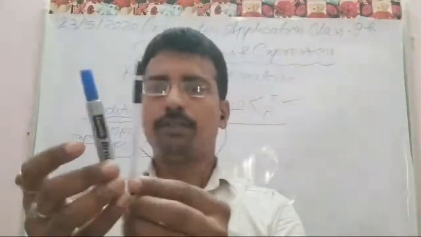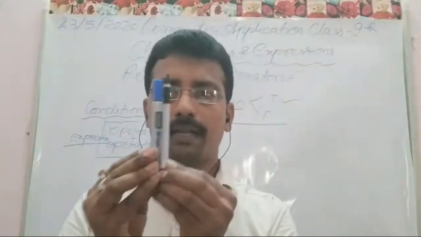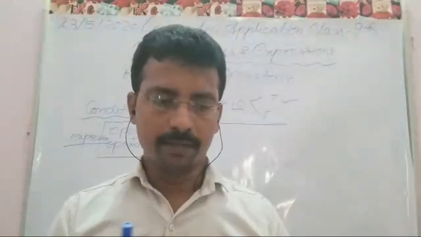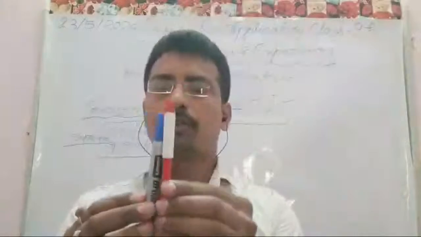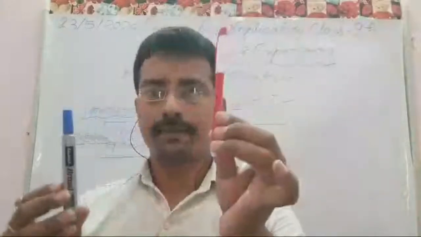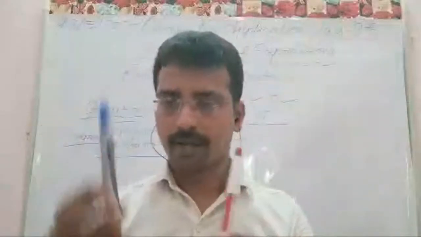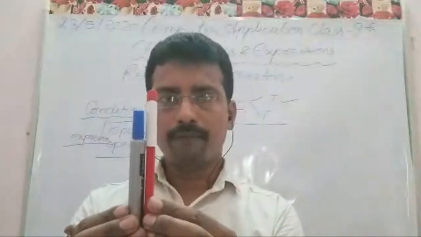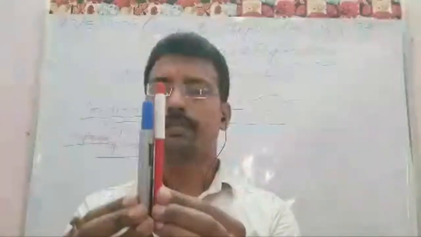For example, I have this marker and this pen. Just see the size of the marker and pen. When I compare them, suppose this is called X and this is called Y. If I say X is equal to Y, is it equal?